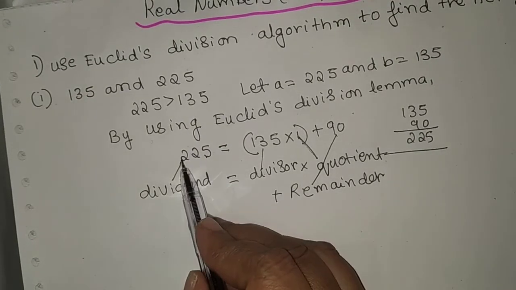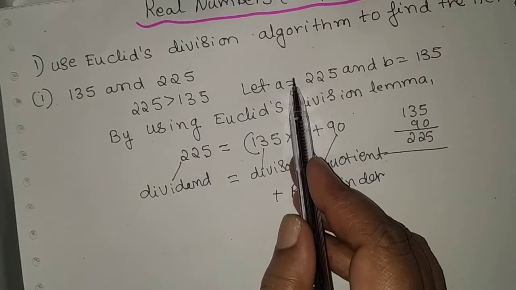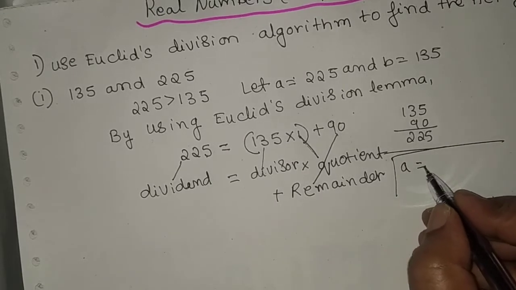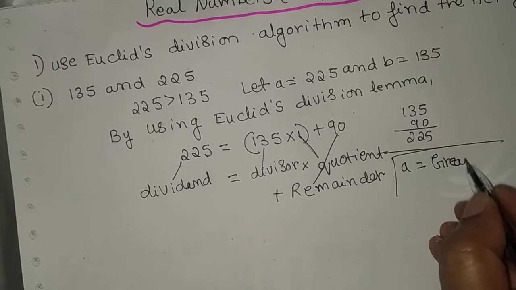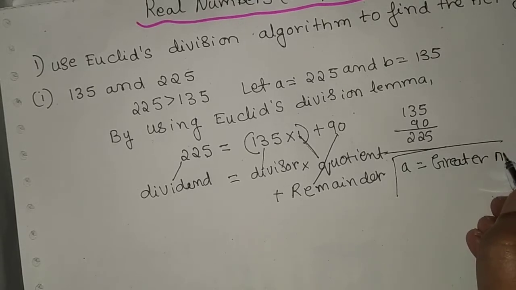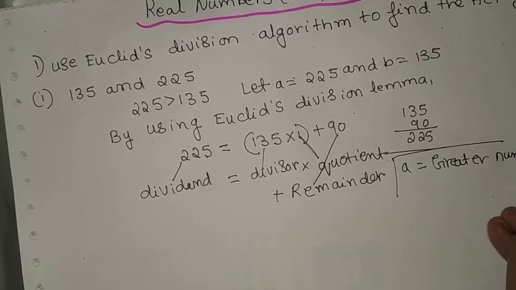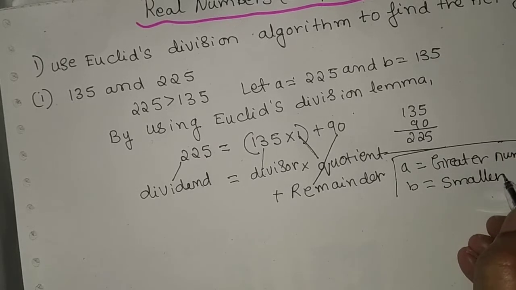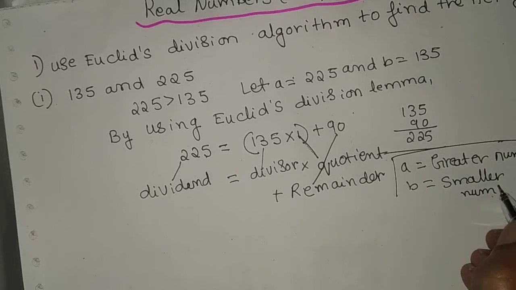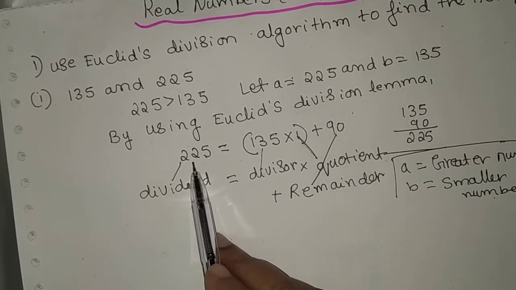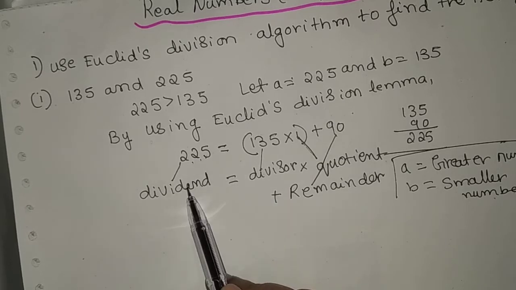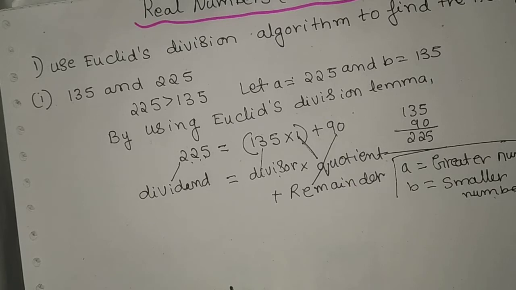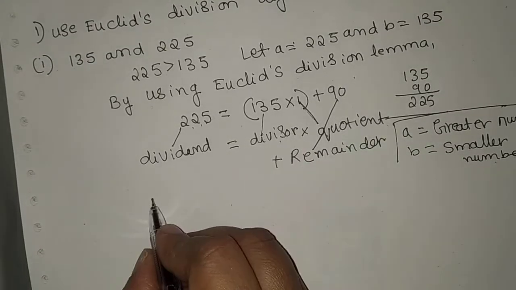So here we took A as the greater number, so I'll write A equal to greater number and B is equal to smaller number. So we have distributed this one as dividend, this one as divisor, this is quotient, and this is remainder. Now we'll see the next step.